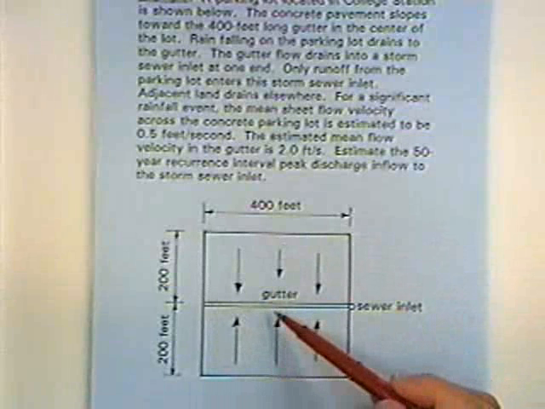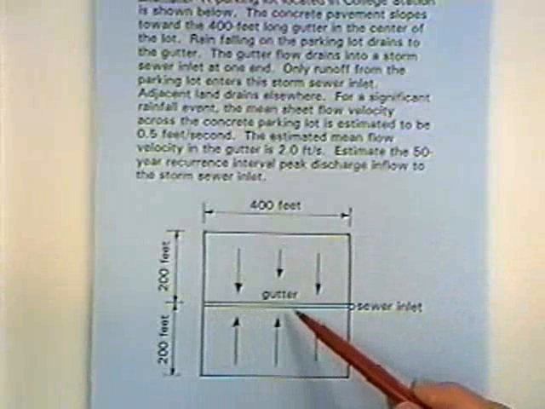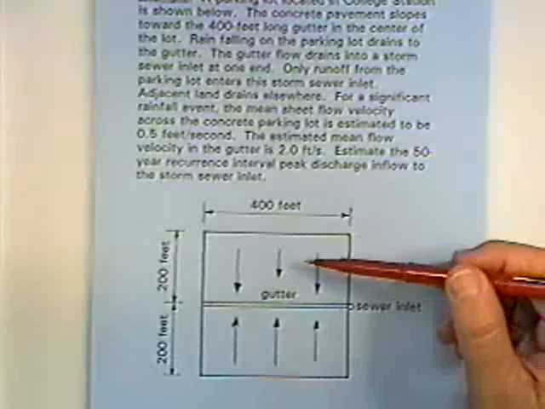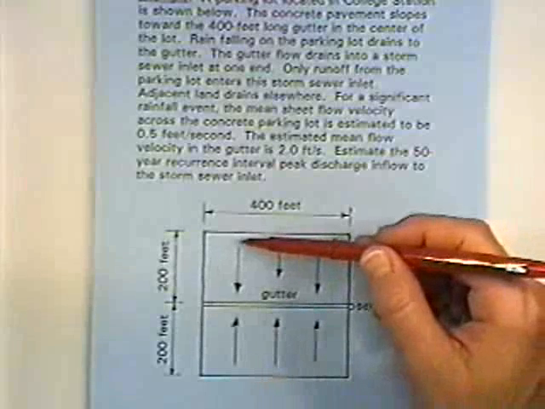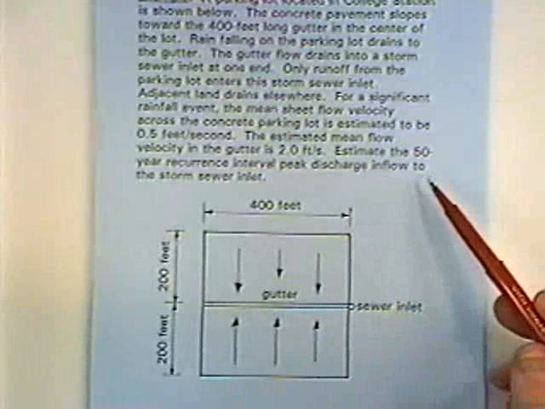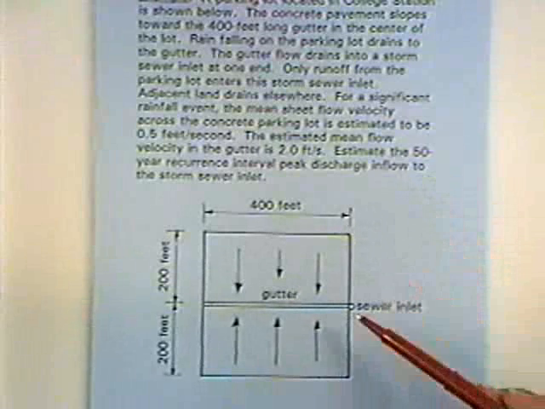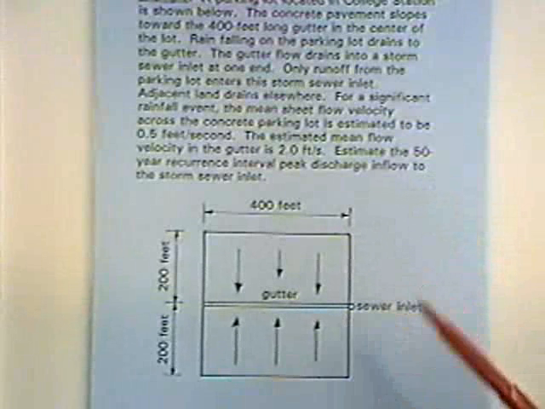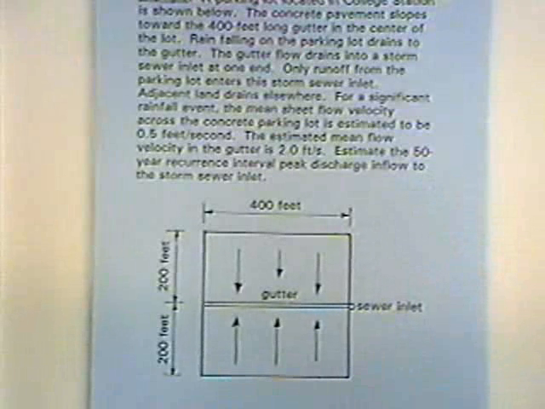Often we'll use Manning's equation to estimate a velocity in a channel, and there's empirical data about sheet flows across pavements and across grass and other surfaces. We want to estimate the 50-year recurrence interval peak discharge. So we're going to design the storm sewer inlet for a 50-year peak discharge.